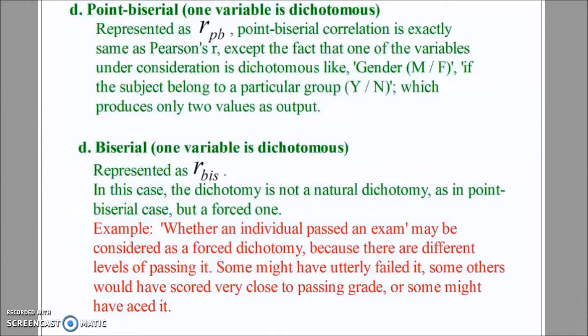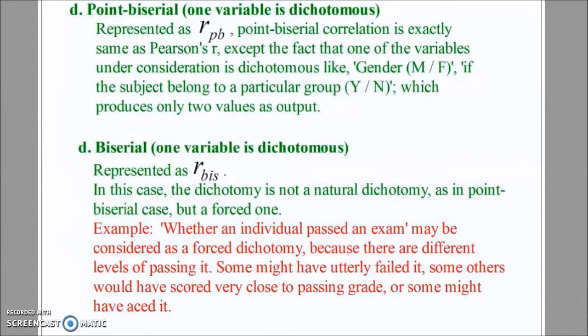On pages 59 and 60 of your book is where they talk about these things, the relationship between the height of the basketball player and whether they score any points. This bivariate relationship is between two data sets, in which one of them is actually a nominal data set, a dichotomous data set.